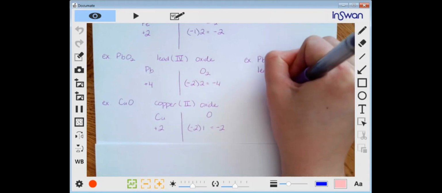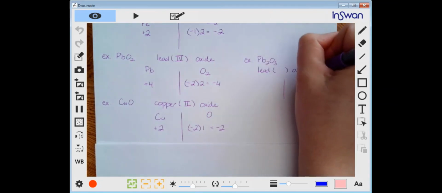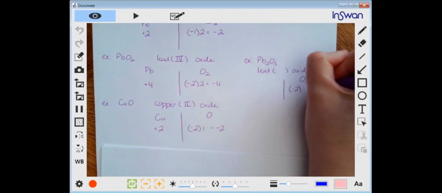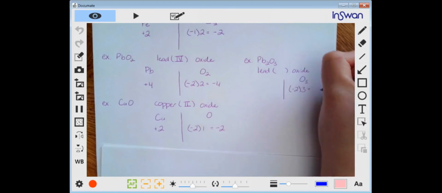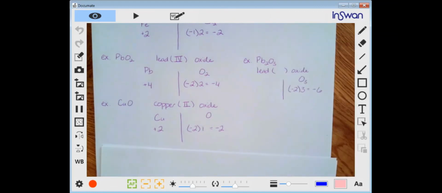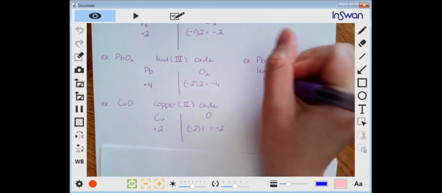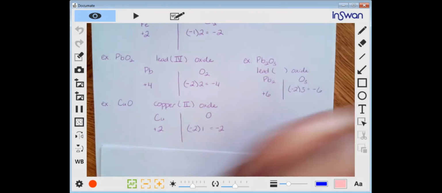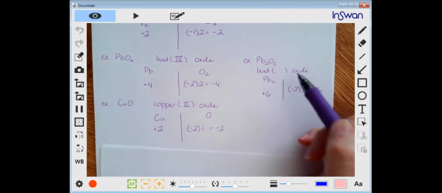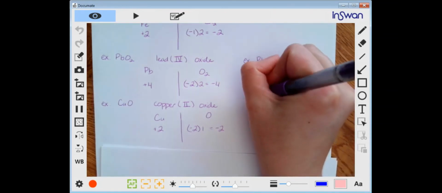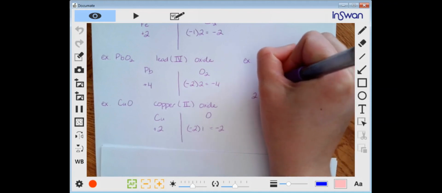So for my oxygen side, I have a -2 charge, and I know that I have 3 of them, so I have a -6, which means for my lead, this time I have 2 leads, I have to have a +6 to cancel it out. So to figure out the charge of each individual lead, I'm going to divide that +6 by 2, and that's going to give me +3.